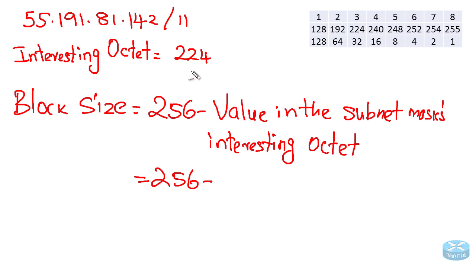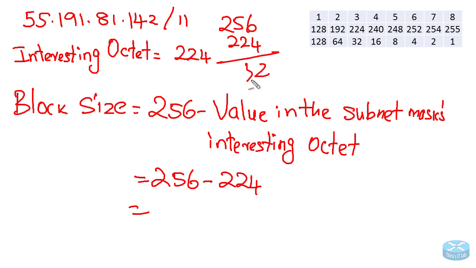What is the value in the subnet mask's interesting octet? It is 224. So what is the block size? 256, and subtract that 224 from there. That gives 32. So the block size is equal to 32.